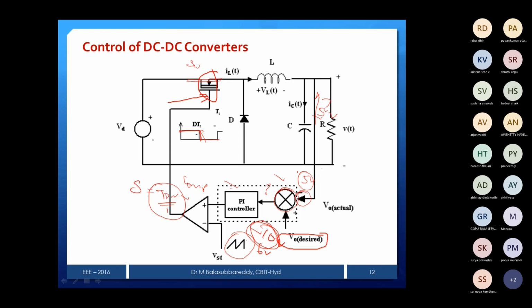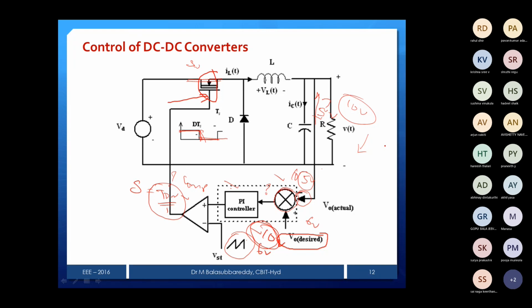Once this voltage and the reference voltage match, the error will be 0, and the pulse keeps running continuously. If the output reaches 10 volts when our intention was, say, 6 volts, the opposite action takes place: the firing pulse is disconnected for some duration and the voltage gradually drops down.